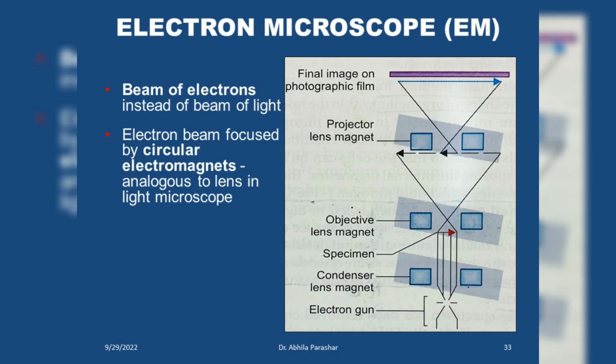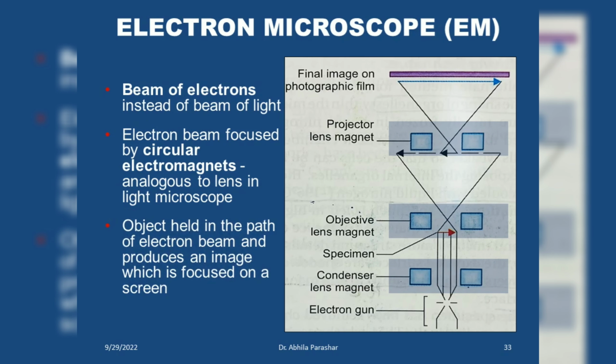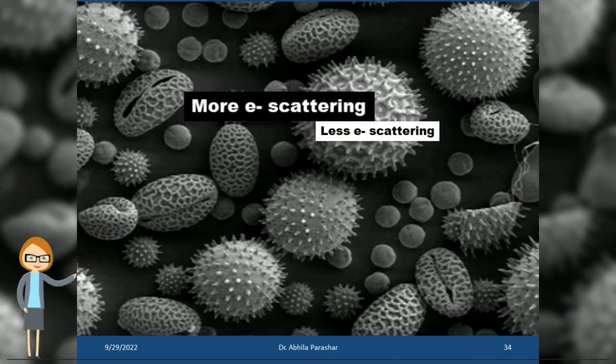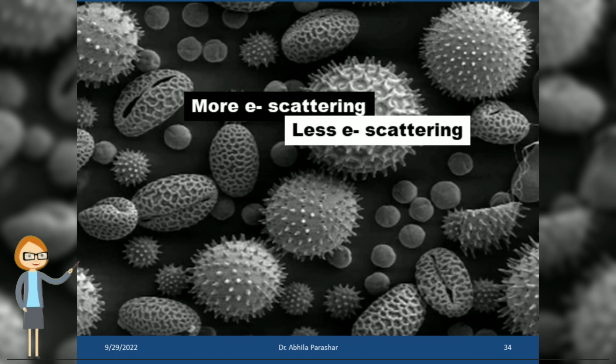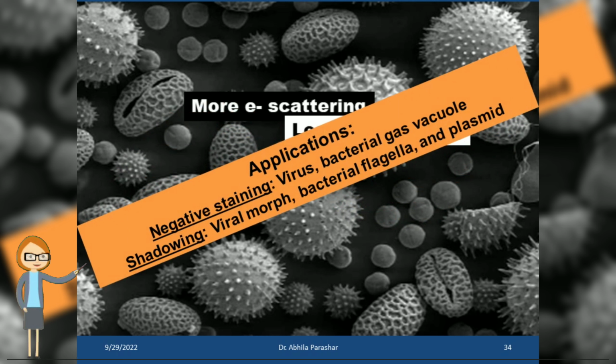These are the magnets: the projector magnet, an objective lens magnet, and the condenser magnet. When the object is held in the path, this image is formed. More electron scattering shows the darker area and less electron scattering shows the brighter area of the object. It is used for negative staining and shadowing of viruses, bacterial flagella and plasmids.